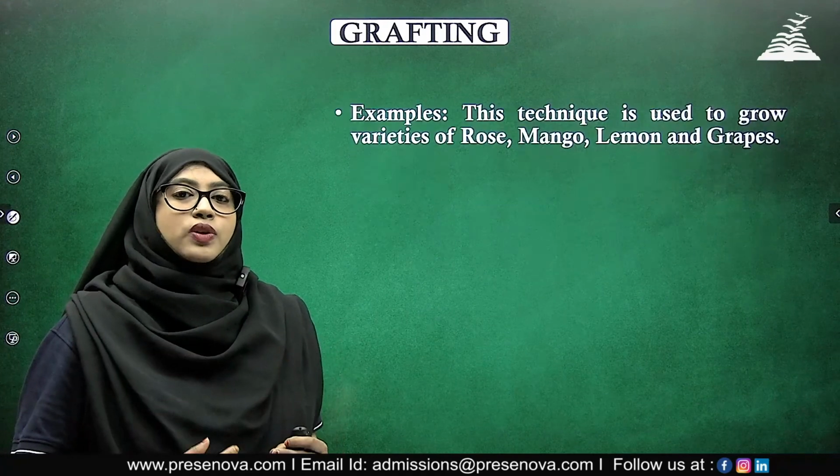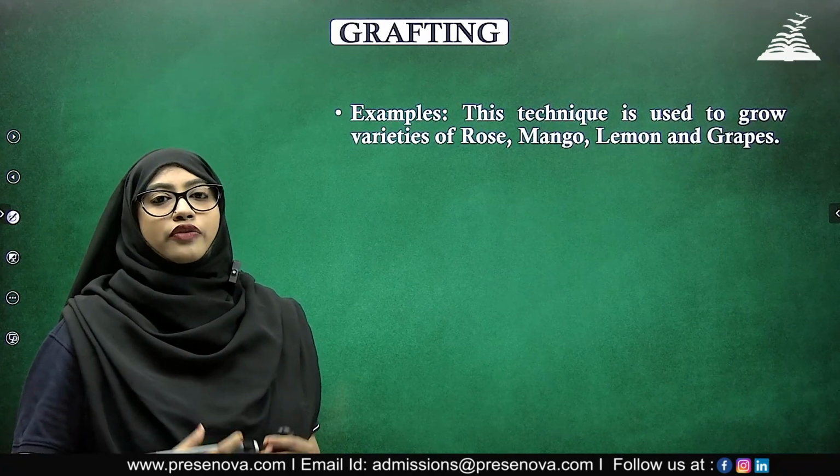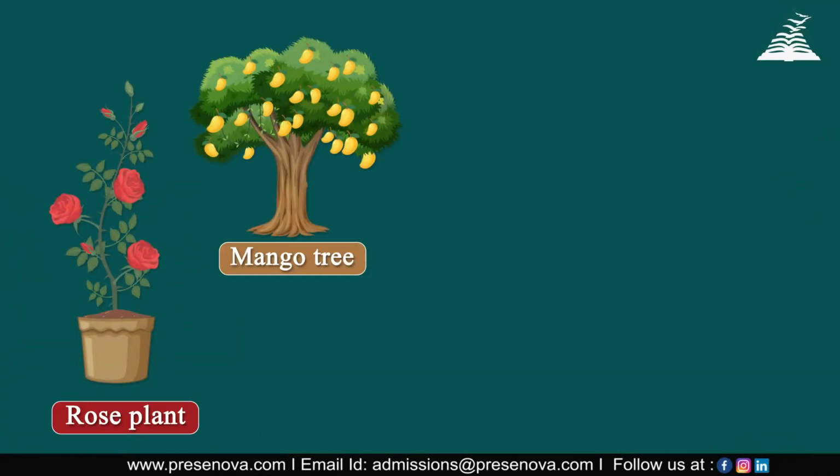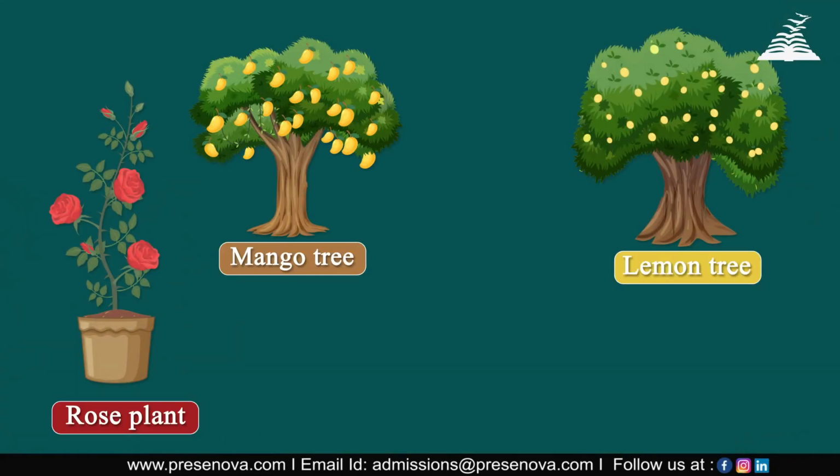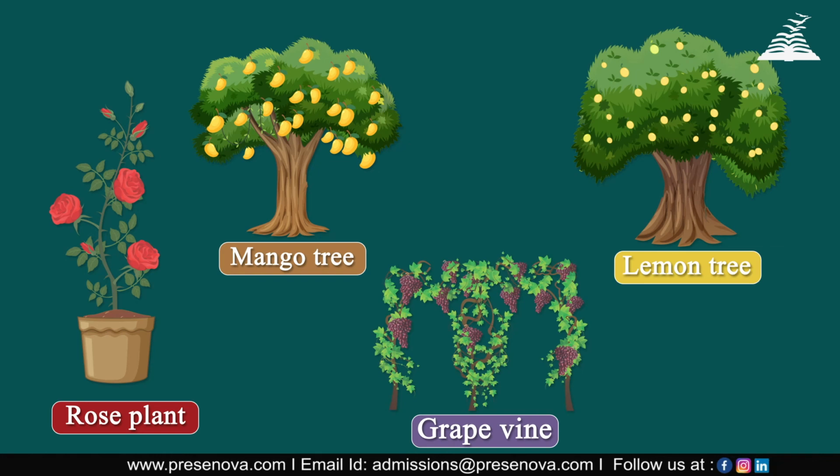The plants which use this technique are rose plant, mango tree, lemon tree and grapevine. So these are examples of plants which can grow a new plant by the grafting method of artificial vegetative propagation.